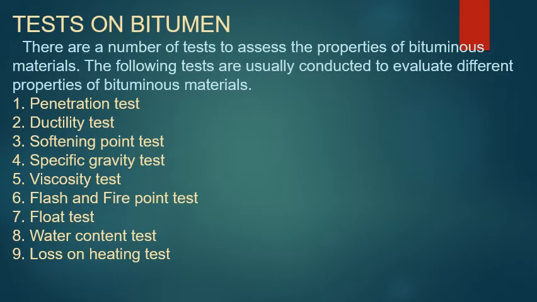The working range of bituminous pavements or bitumen in Indian condition is from minus 10 degrees to 60 degrees Celsius. The needle penetration test is also done at 4 degrees Celsius, and in laboratories we are doing it at 25 degrees Celsius. Ductility and specific gravity tests we are doing at room temperature, that is 27 degrees Celsius.